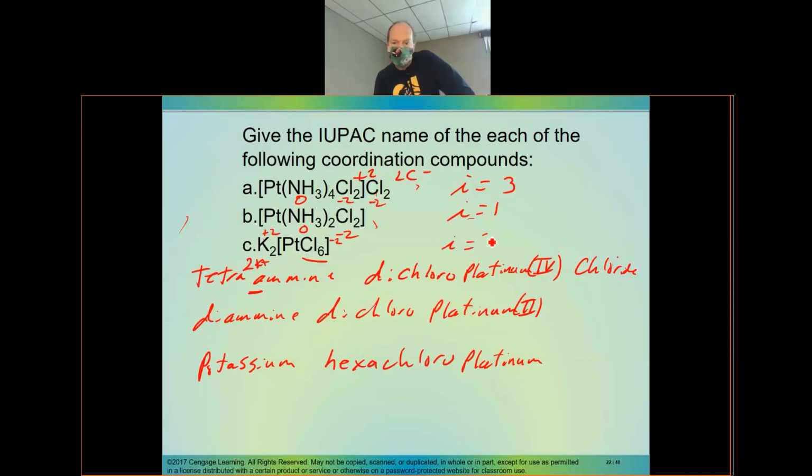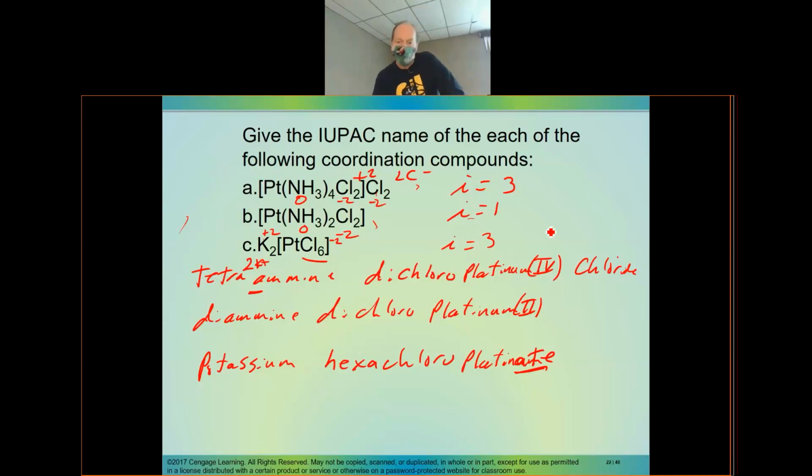So our i value here is 3, and we see that the platinum is part of the anion, and so it is platinate. It has to end in ATE. If you want to say platinumate, no, it has to end in ATE, and it has to be plat. So it is a platinate.